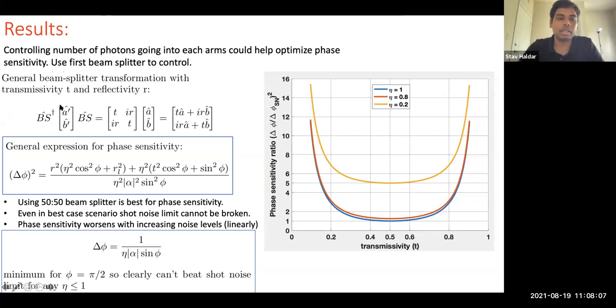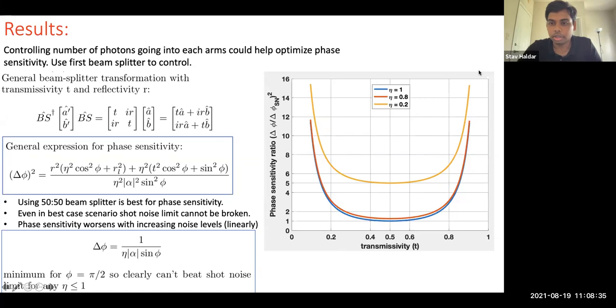So what you can do is change the first beam splitter from the usual 50-50 configuration to a more general T and R configuration, and see what your expression for the phase sensitivity is. Ultimately, it turns out that the best case scenario is still the 50-50 beam splitter. Even in the case of noise, you still want the beam splitter to be 50-50, and that gives you the best phase sensitivity.